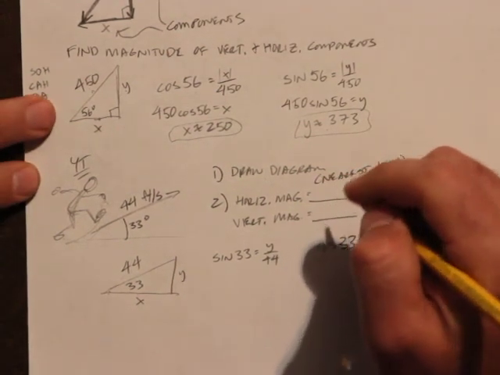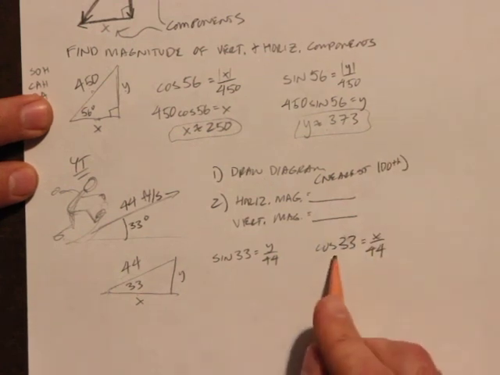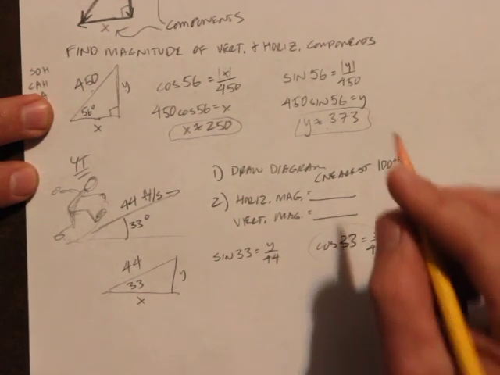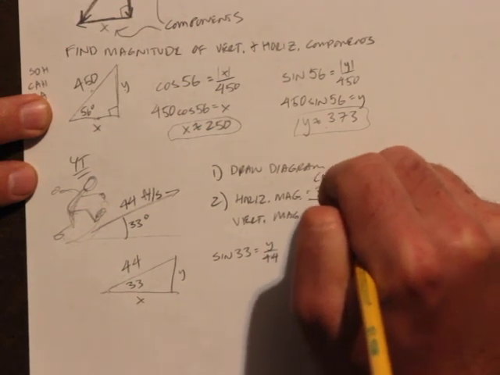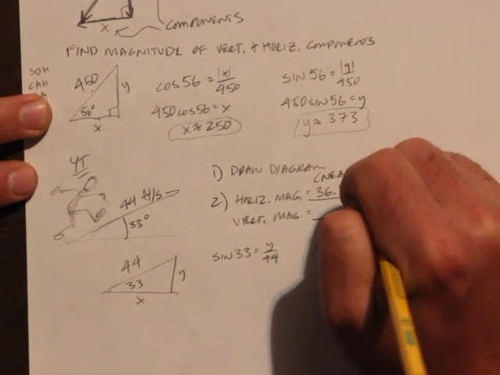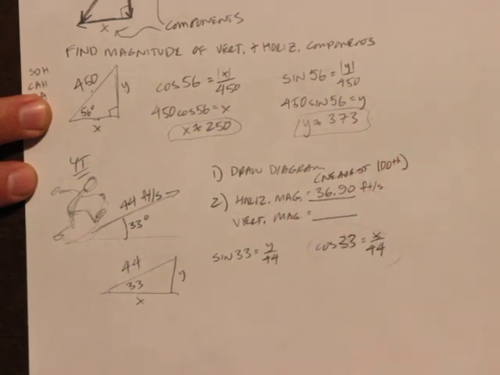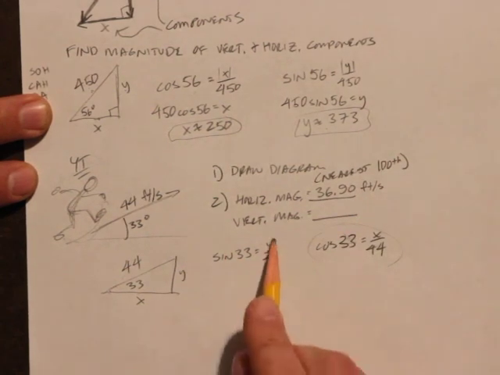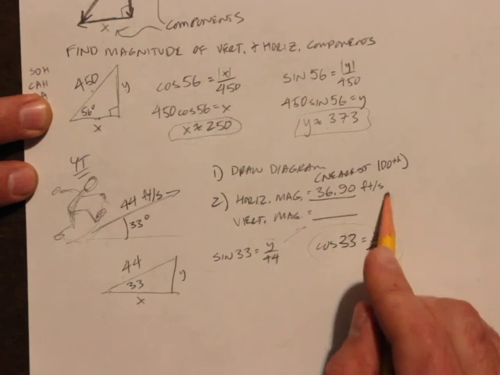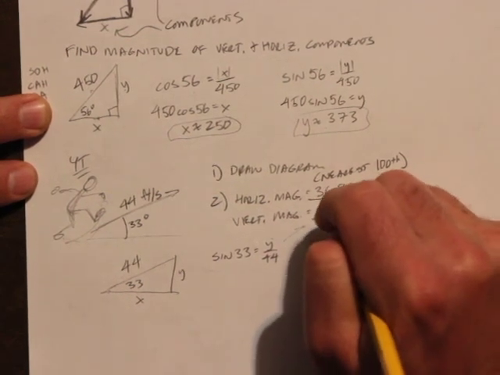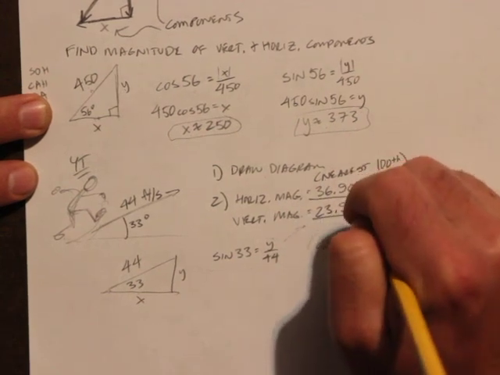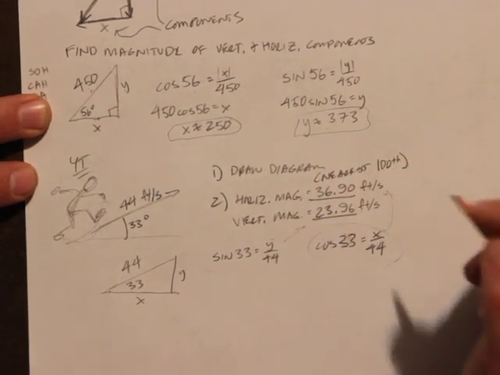For the horizontal magnitude, which is the x component, you should have gotten 36.90 feet per second. And the vertical one, which is the y component, you should have gotten 23.96 feet per second.